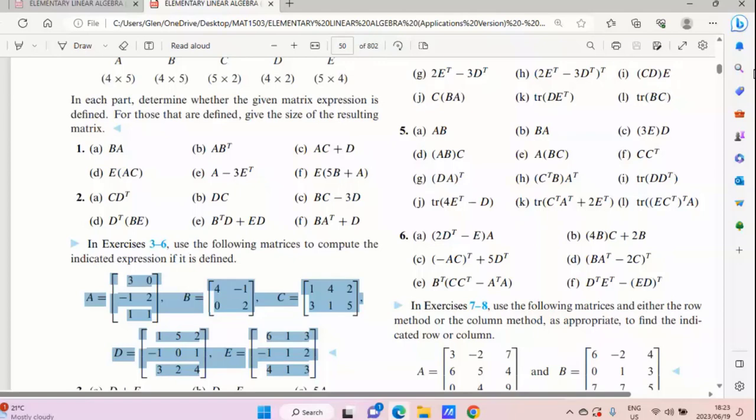Minus 3 times minus 1 will be plus 3. 3 times 1 will be plus 3. That is minus 6. Then we go to the next entry in the first column. Minus 4 times 0 is going to be 0. Minus 3 times 2 is going to be minus 6. 3 times 1 is going to be plus 3.